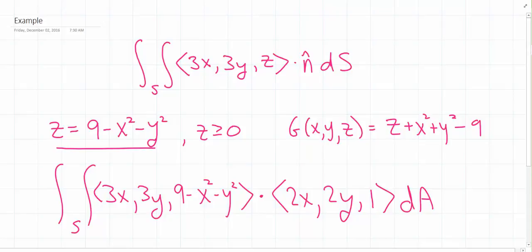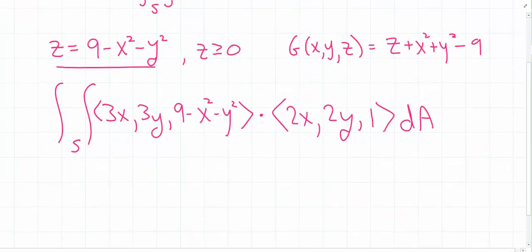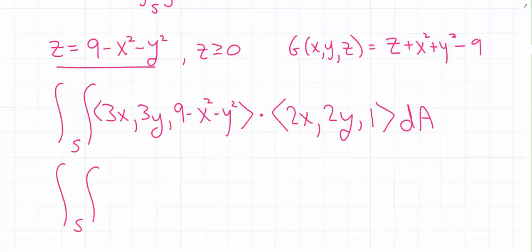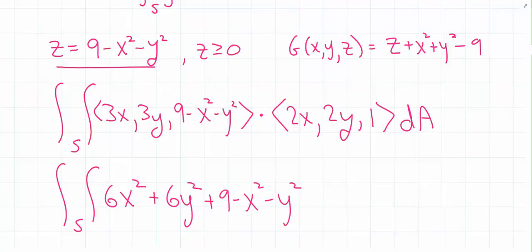Now, at this point, I need to figure out what the bounds are, but I think before I do that, I'll go ahead and do this dot product, and I'll get the bounds in a minute. But here I go. I got 6x squared plus 6y squared plus 9 minus x squared minus y squared.